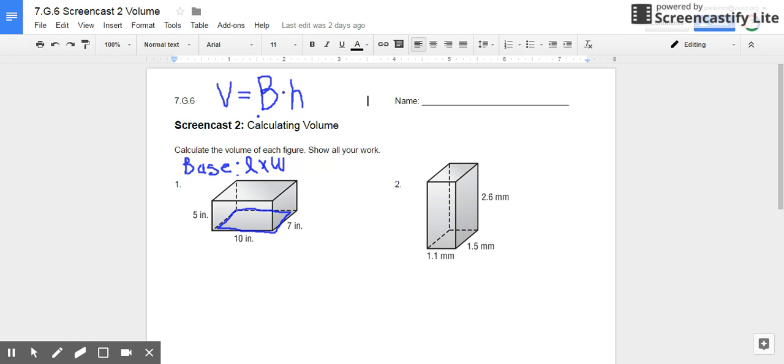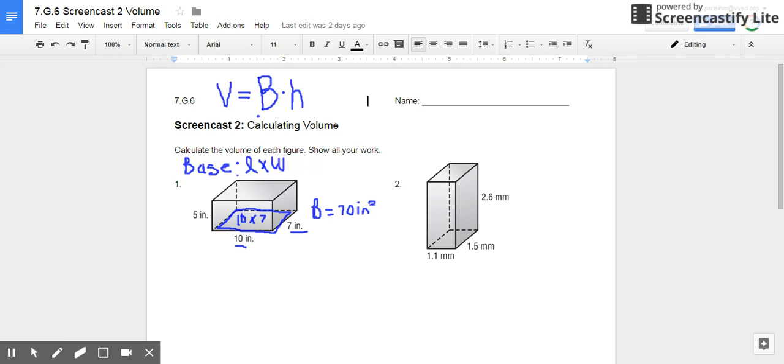So we want to find the area of our base. Our base, we're going to do 10 times 7. So our base is going to equal 70 inches squared.